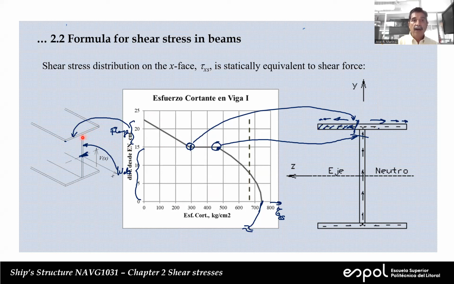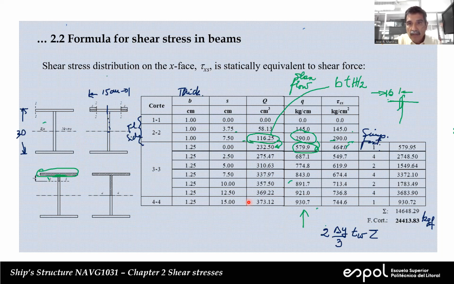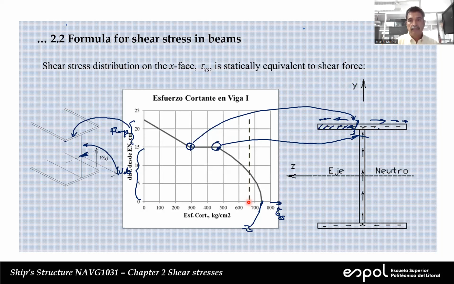And now, in the vertical element, we have a quadratic distribution with a maximum value here of 745. So that's this value here, 745.